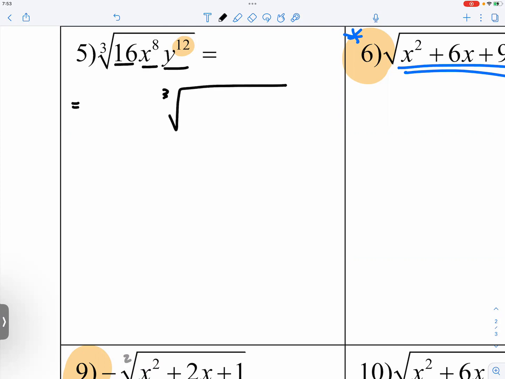I'm going to write down the cube root right here and analyze these items one at a time. So 16, like earlier we said 16 is 8 times 2, right? So 8 could be cube rooted to become 2. What's left inside the cube root? 2.